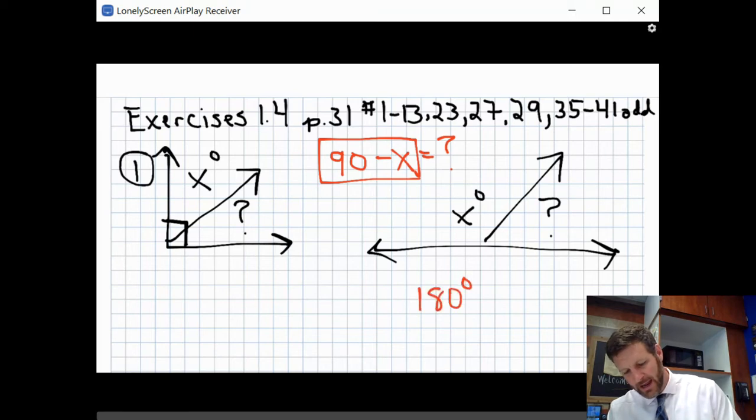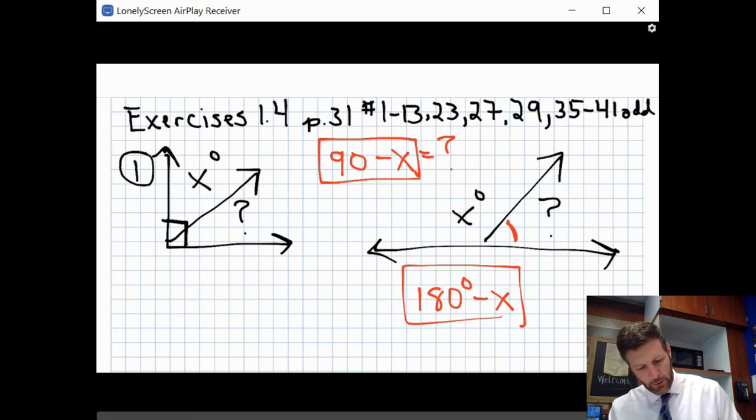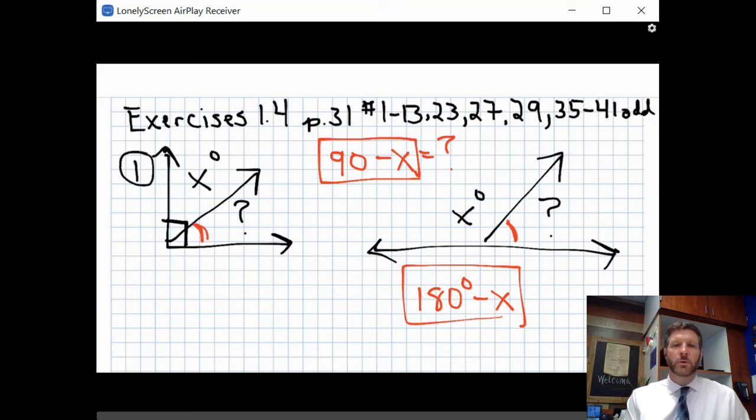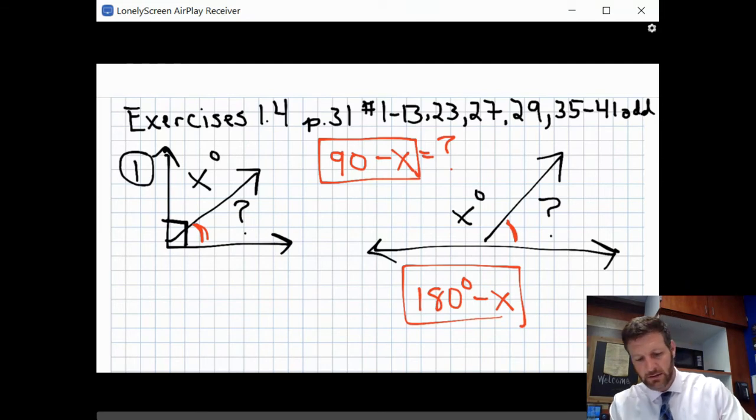So this would be 180 degrees minus x, how I would express this angle right here. This angle is the total minus the x, what's left over. So same idea for both, it just depends whether it's complementary and they add up to 90 or supplementary and they add up to 180 degrees.